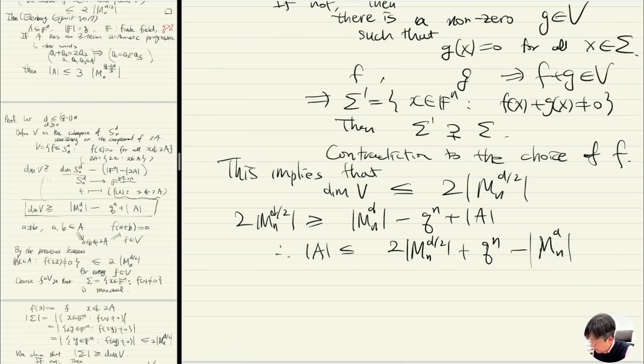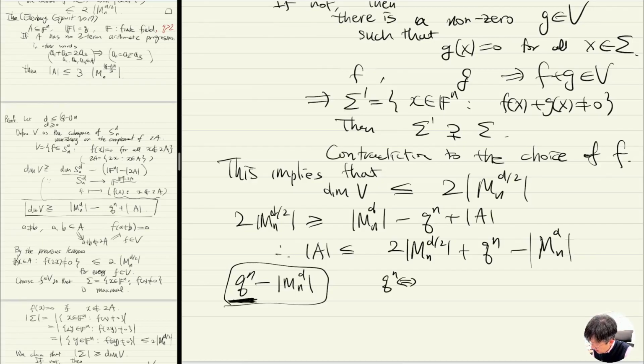So let's see what's happening. What is this value, q to the n minus m_d?